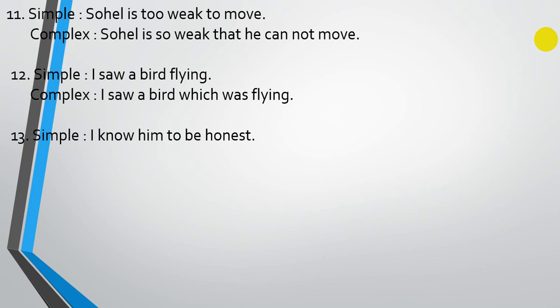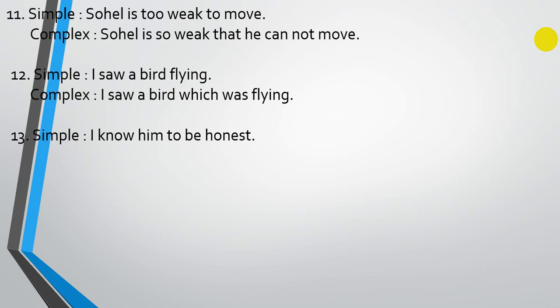Serial number 13. I know him to be honest. Rule: if the simple sentence is done by following the structure subject plus verb plus object plus to be plus adjective or noun, it will be changed into complex by expanding a word or a phrase into a noun clause.